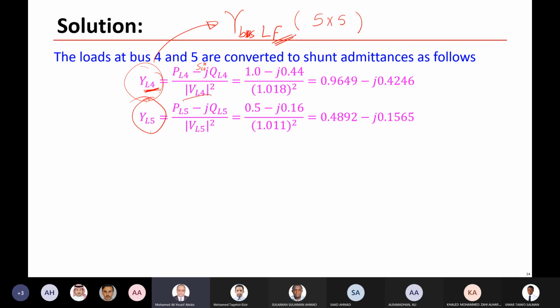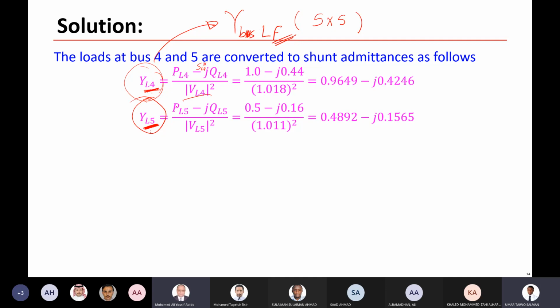You have 5 buses, so it's 5 by 5. Yes. So how to incorporate these loads in this Y bus? Since the buses 3 and 4 are already eliminated. 3 and 4? Where is 3? We have 2 loads, one at bus 4 and one at bus 5. So how to incorporate these loads?